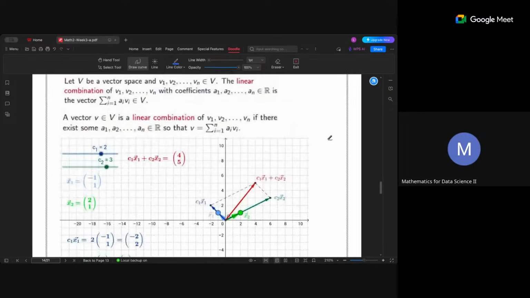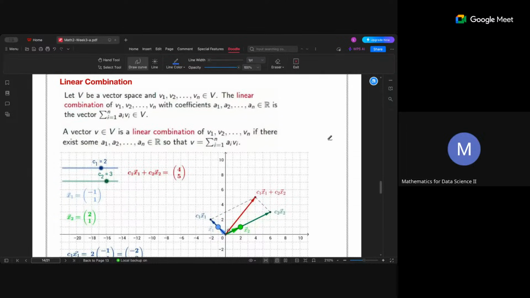So we are moving to the next very important concept, which is linear combination. What is linear combination? You have already seen it in week 1 and week 2. Have you seen this term earlier, linear combination? You already know what a linear combination is.